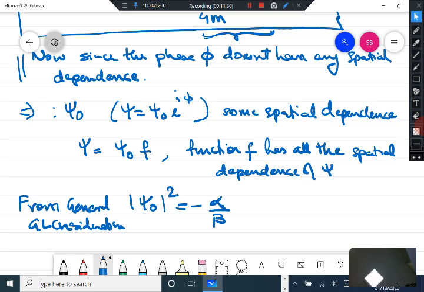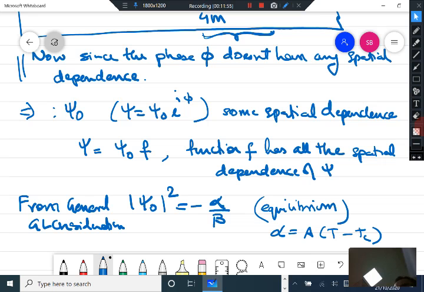If you minimize your Ginzburg-Landau free energy functional, we have seen that psi naught square is nothing else but the equilibrium value. This we had worked out in the general expressions, that it will turn out to be minus alpha by beta, where alpha is equal to A into T minus Tc. Okay, this was the temperature dependence of alpha.